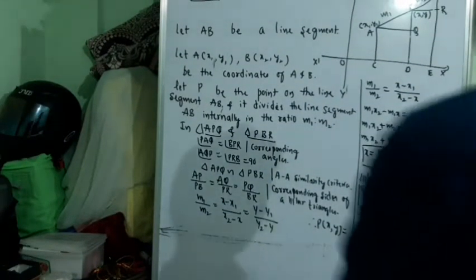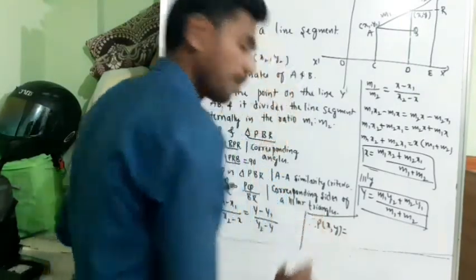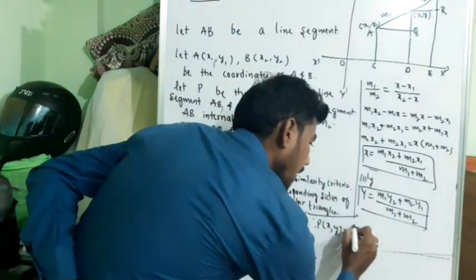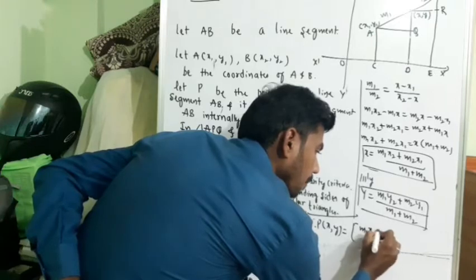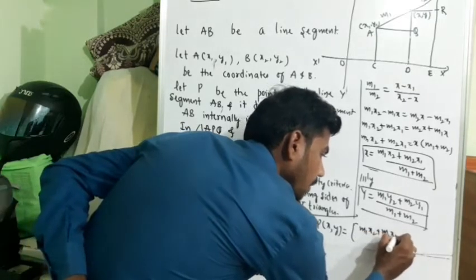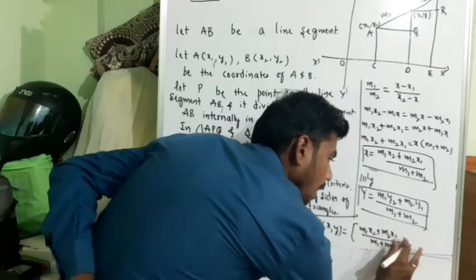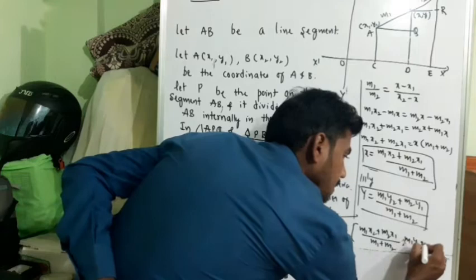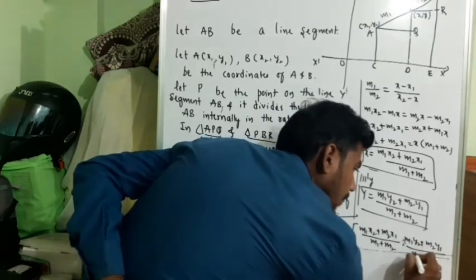Okay, P of x y is equal to x equals m1 x2 plus m2 x1 divided by m1 plus m2, comma, m1 y2 plus m2 y1 divided by m1 plus m2.